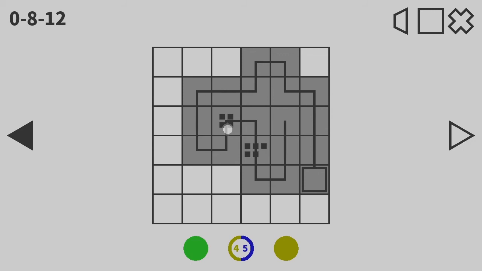So... Oh my gosh. 20 divided by 5 is 4. The 4 shapes I can make are, well, there's this.